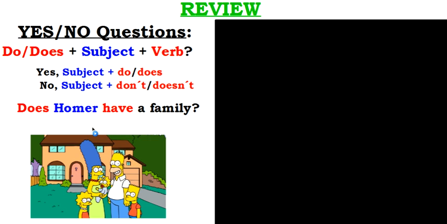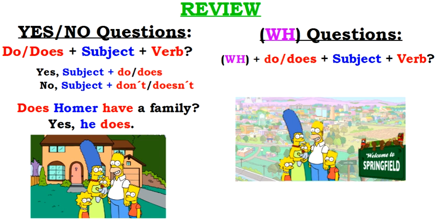And the answer, yes, he does. And for the WH question, remember, we use a WH question word, do and does for the auxiliary, the subject, and the verb. For example, where do they live? And of course, the answer is they live in Springfield.